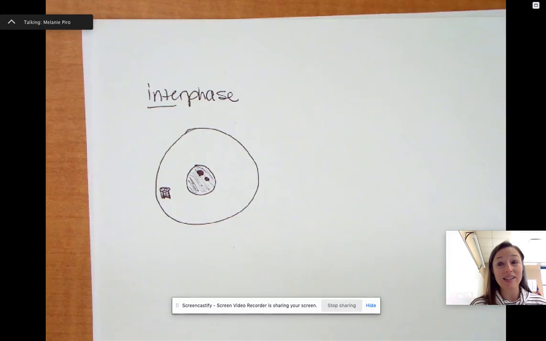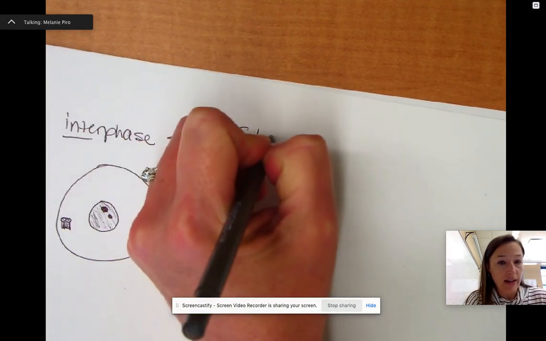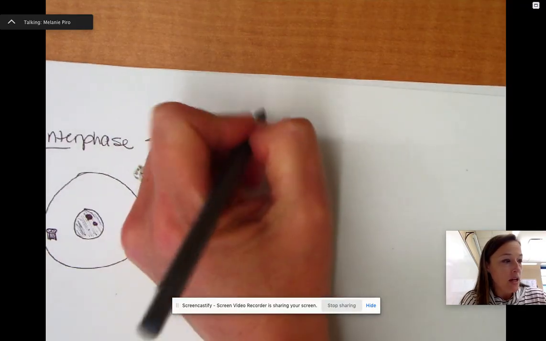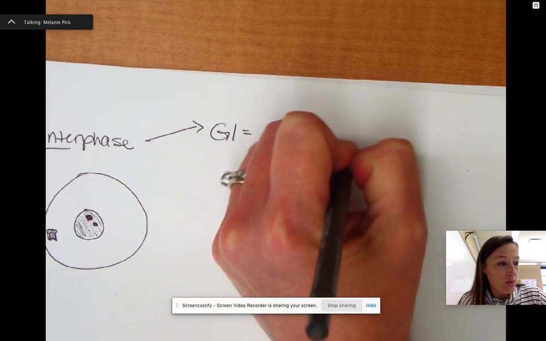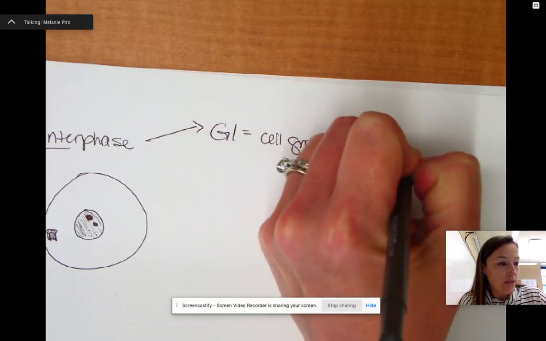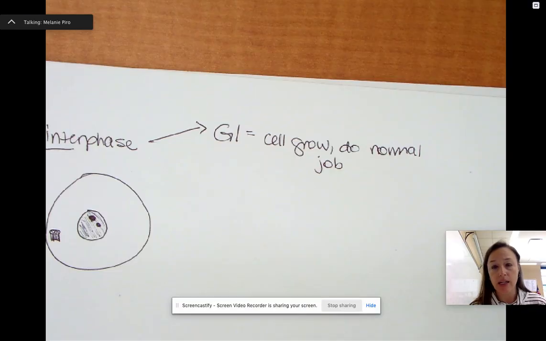As far as what a cell does in interphase, it's where it's going to grow and do its normal job and copy its DNA. So let's look at the 3 stages of interphase. There's first G1. G1 is where the cell is going to grow. It's going to do its normal job. If it's a heart cell, it's going to contract. If it's an intestinal cell, it's going to do its absorption.